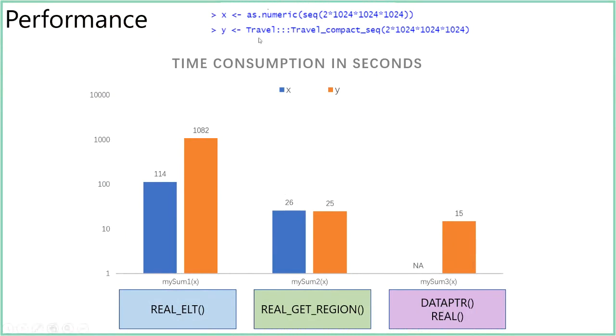And the Travel-made ALTREP is actually designed for both read and write, so even if you do not provide the set region function in the operation struct, it's still writable.